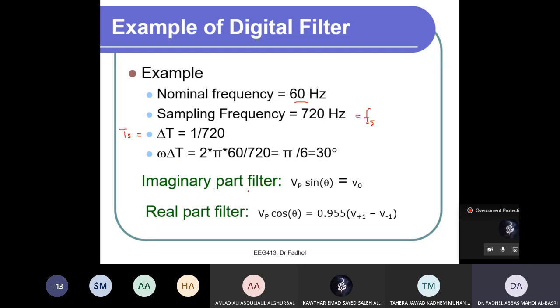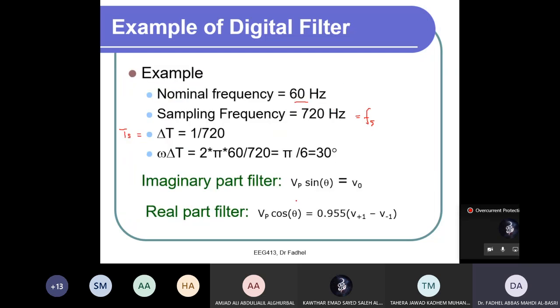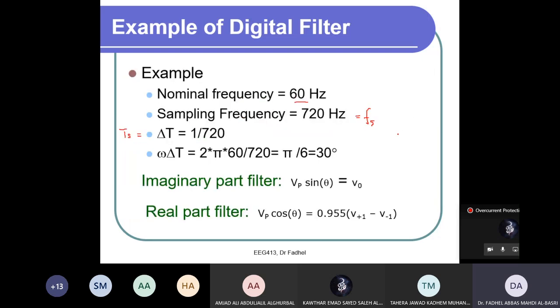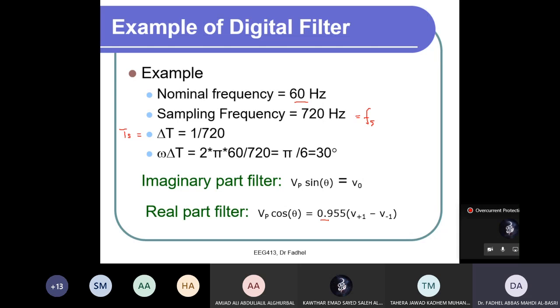So the two filters I want to implement are these two: VB sine theta equals V naught, and VB cosine theta equals V plus minus V minus over 1 over 2 omega delta T. So when I take 1 over 2 times 2 pi times 60 times 1 over Fs, that gives me this number, 0.955.